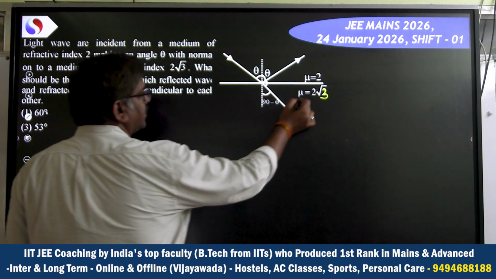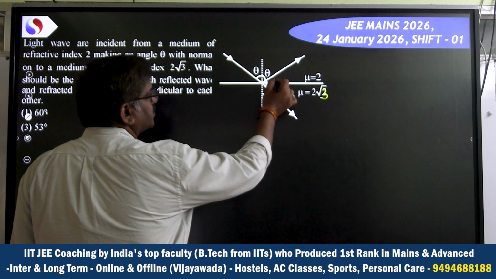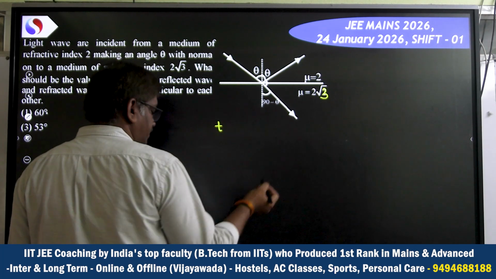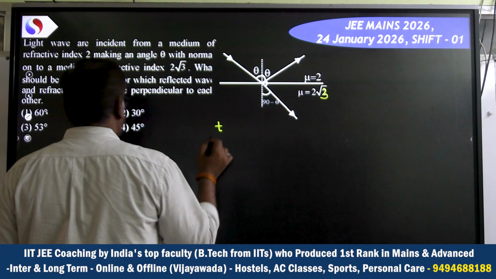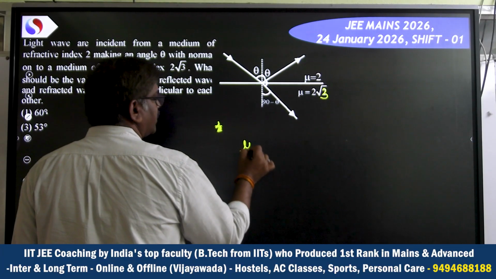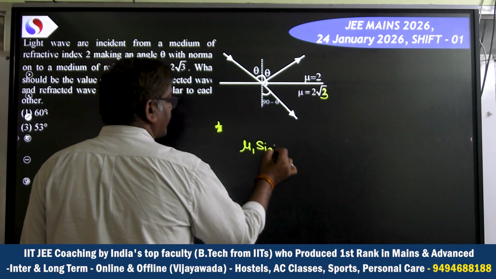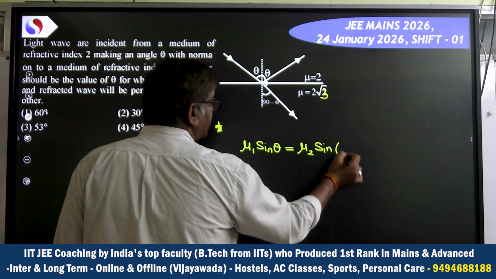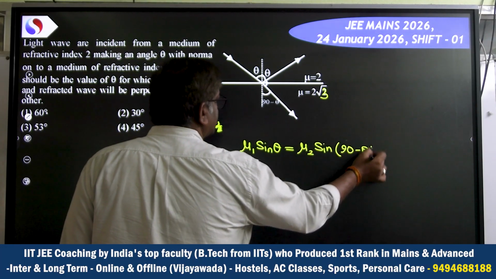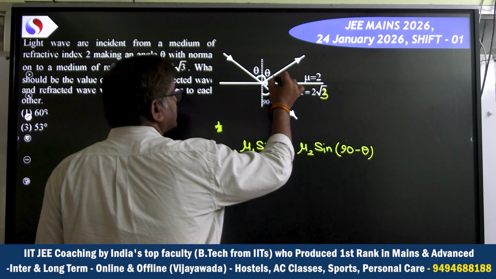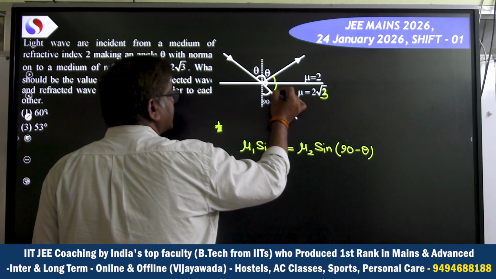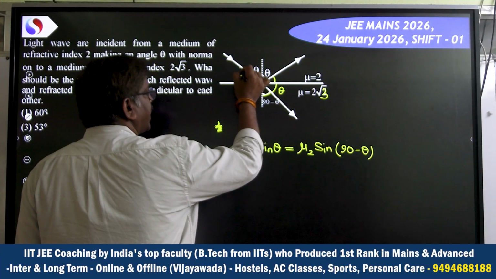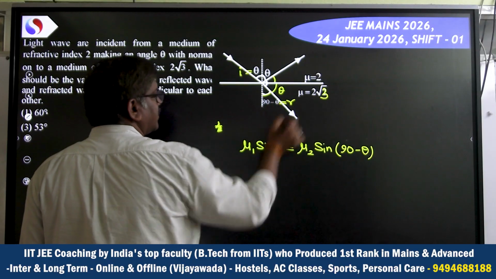Otherwise Snell's law also you can apply: mu1 sine theta equals mu2 sine of 90 minus theta. As these two are perpendicular, from the diagram you can see that this is 90 minus theta, this is theta. So this is angle I and this is angle R.